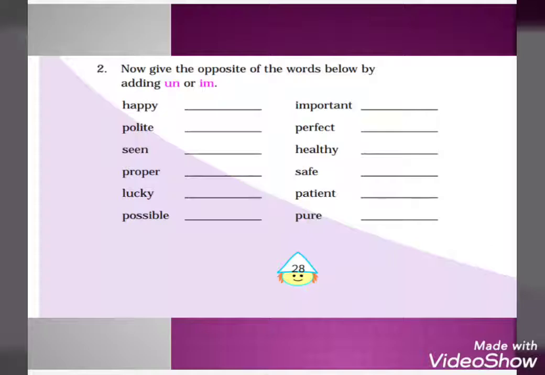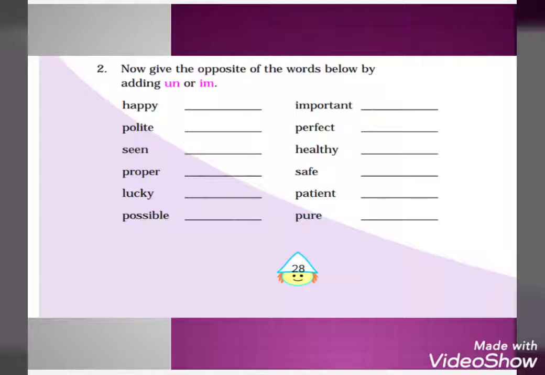You have to add an, a or im, and you want to write the opposite of that word. For example, happy. We want to add un before that. Unhappy, unhappy. That means sad.